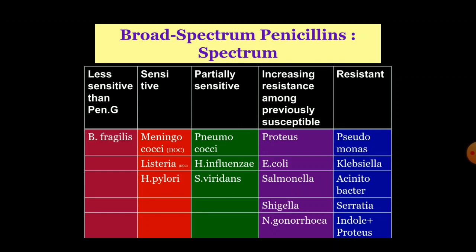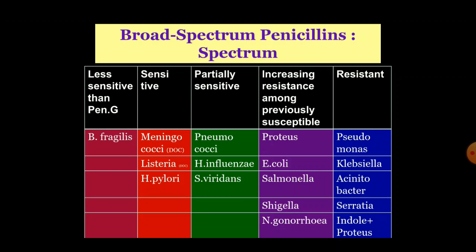Later on we'll see that there are some penicillins which have a better spectrum than aminopenicillins, as they have a specific activity towards Pseudomonas aeruginosa, Serratia, indole positive Proteus, and those penicillins are known as anti-pseudomonal penicillins.